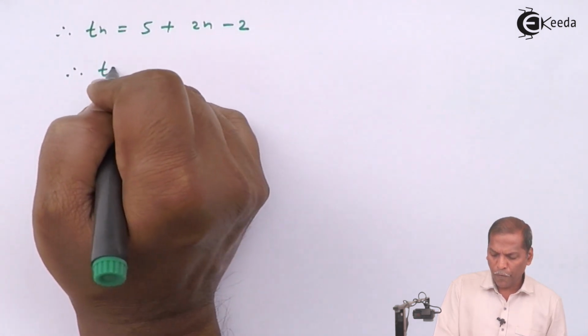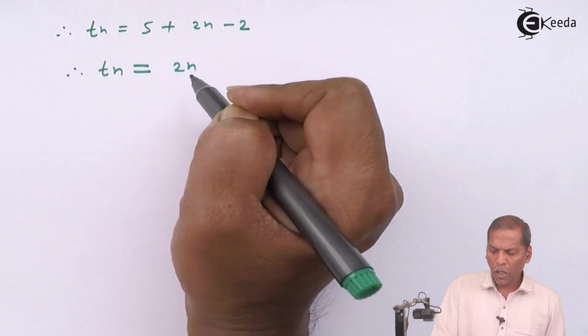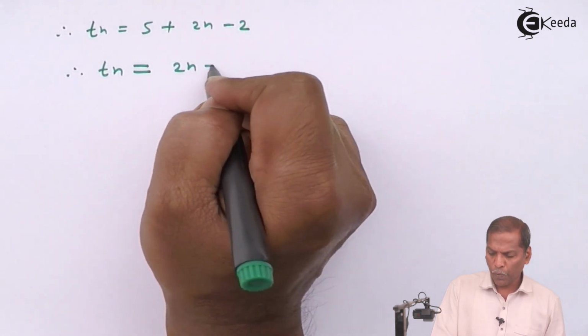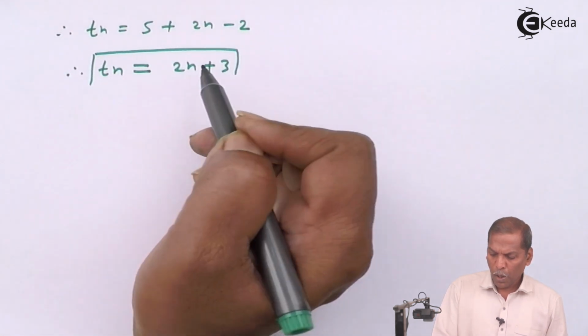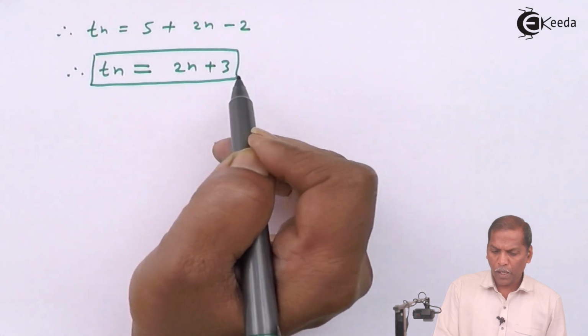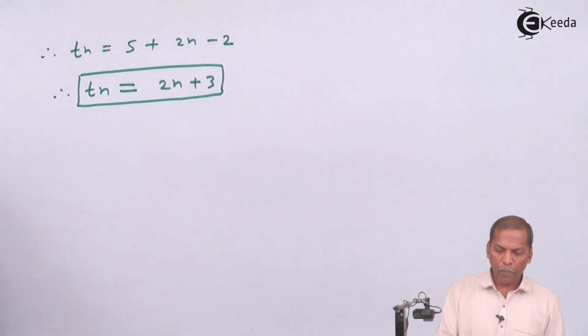On further simplifying we get Tn is equal to 2n, now 5 minus 2 gives plus 3. So in this way we find the nth term of the given problem.